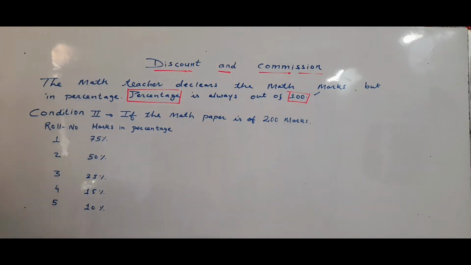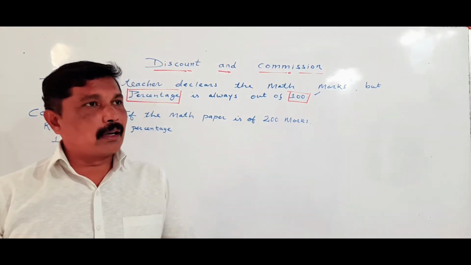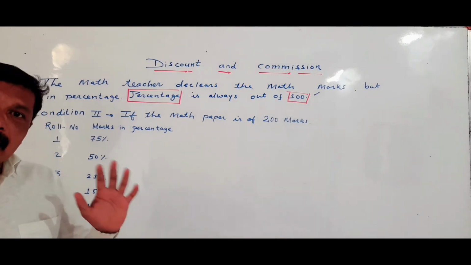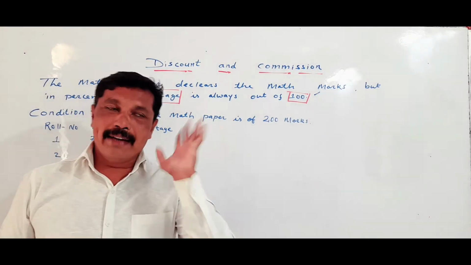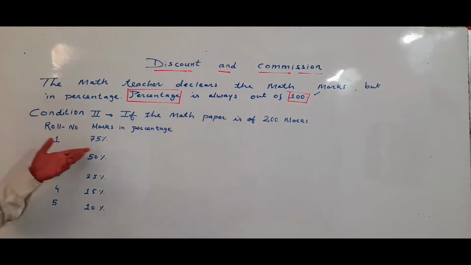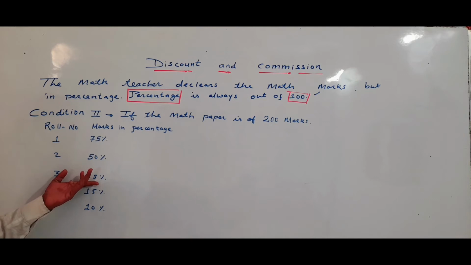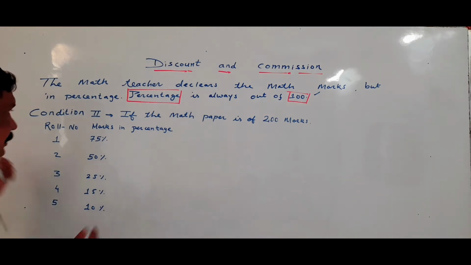Now we'll take the same marks, same roll number, but now we'll consider that the maths paper is of 200 marks. So again, according to our example, roll number 1 has got 75%, roll number 2 has got 50%, roll number 3 has got 25%, roll number 4 has got 15%, roll number 5 has got 10%.